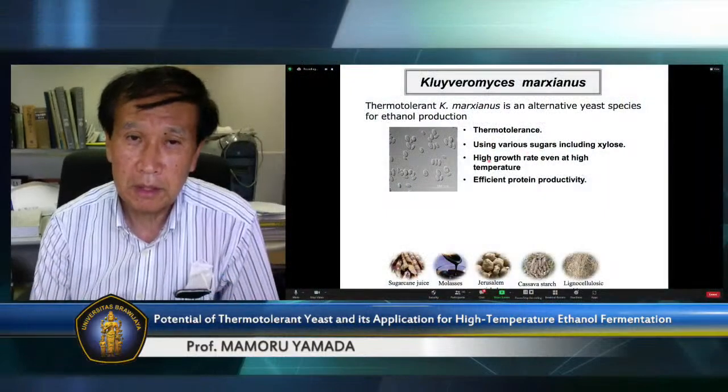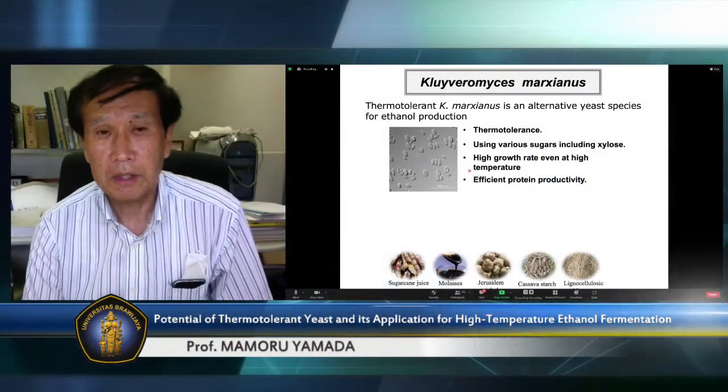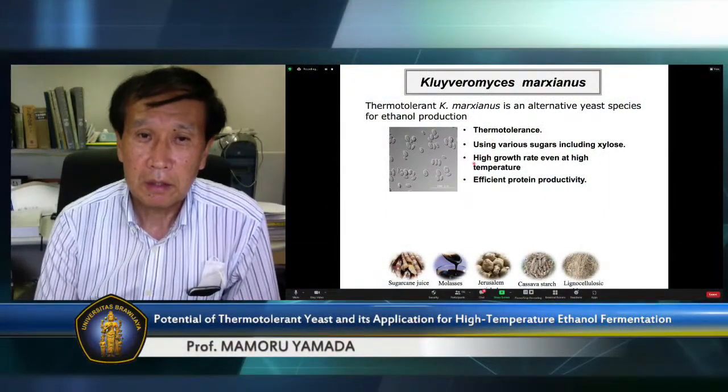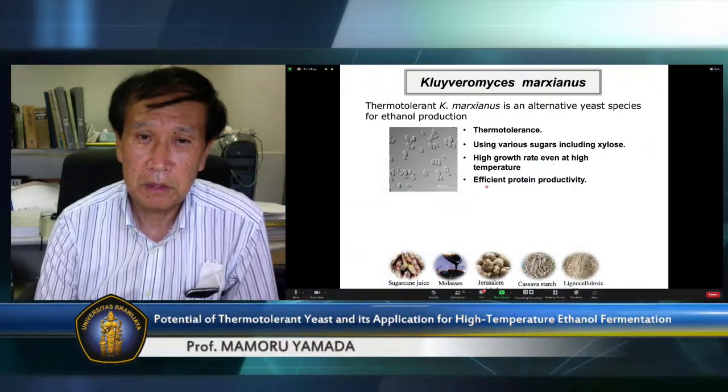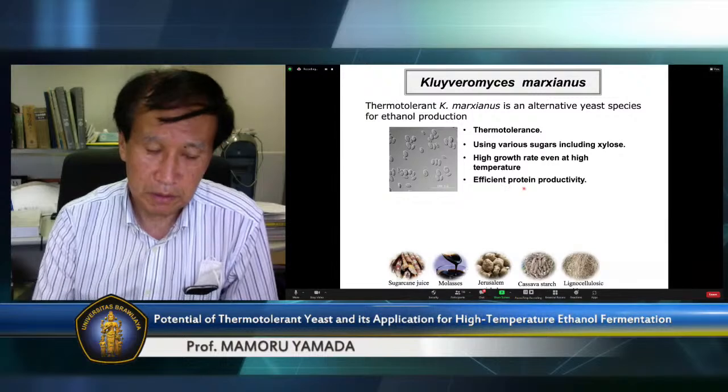This yeast, compared to Saccharomyces cerevisiae, has some tolerance and uses various sugars, including xylose. In addition, this yeast shows a high growth rate even at high temperature and efficient protein productivity.